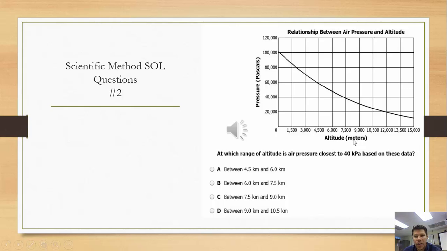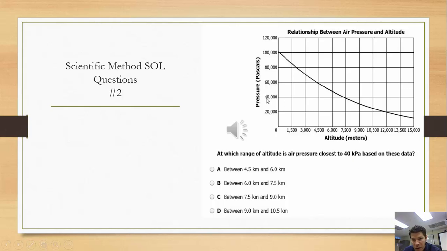Same thing with meters on the x-axis. The meters is going to be given to you like, for example, 6,000 meters is right here on the chart. But in the question, it's going to give it to you as 6.0 kilometers. Once you realize the trick that they're trying to do here, the question's pretty easy. At which range of altitude is air pressure closest to 40 kilopascals?